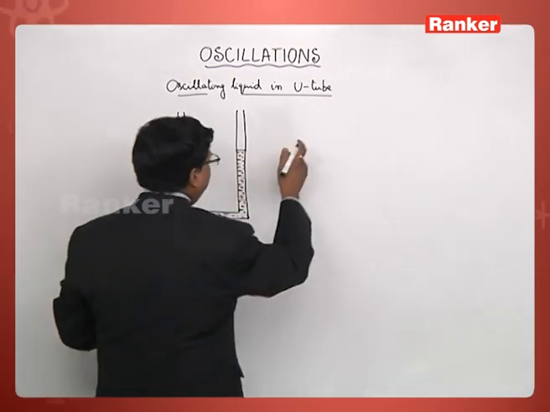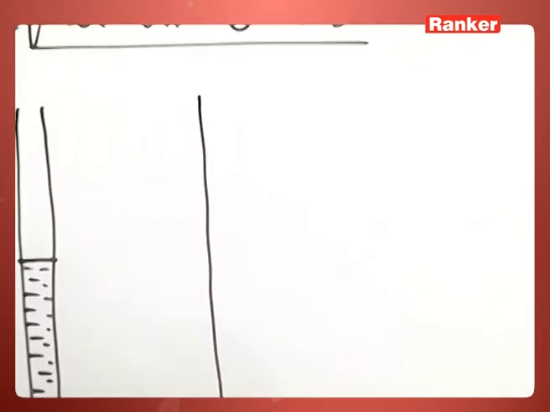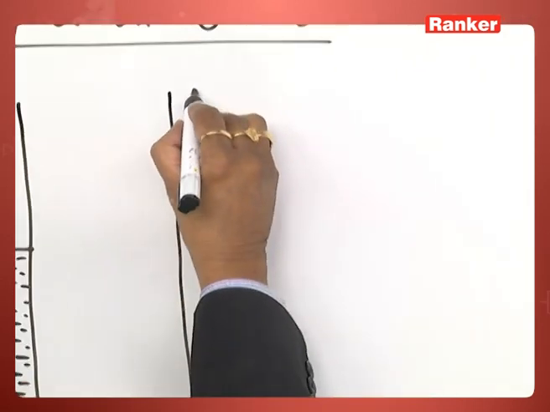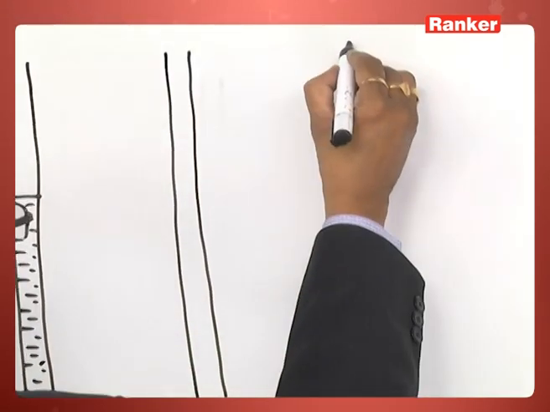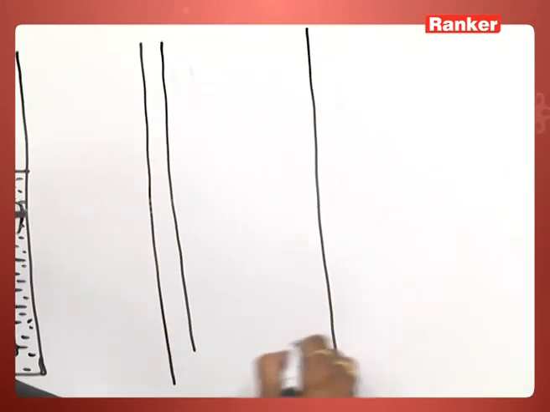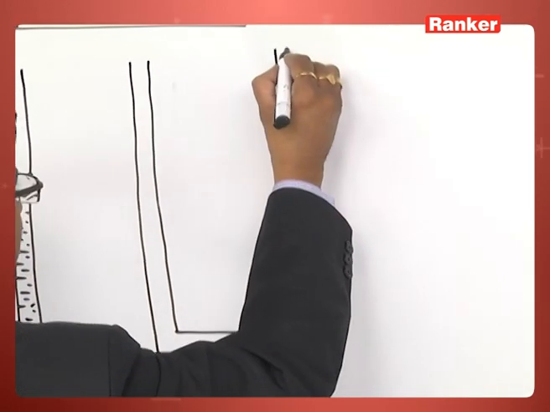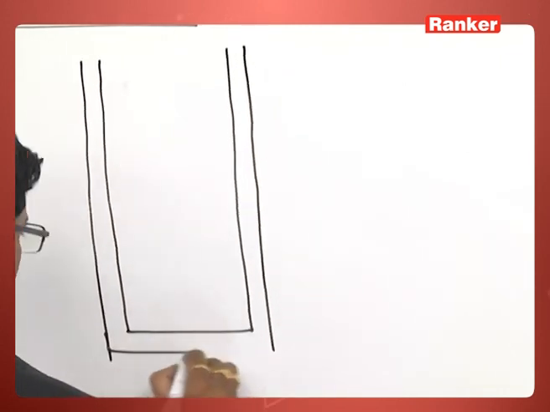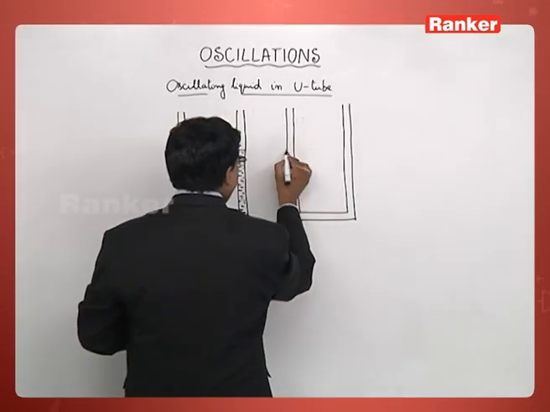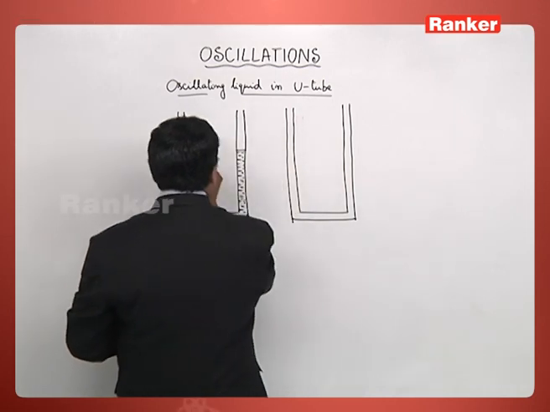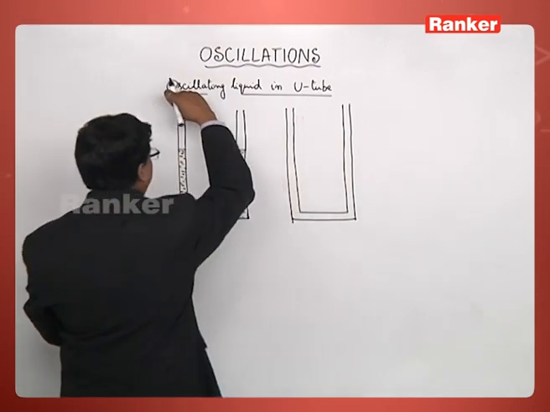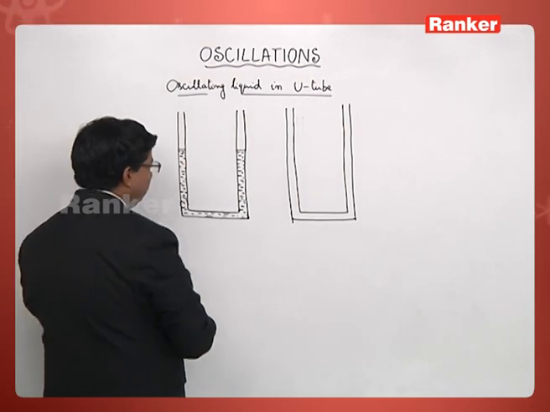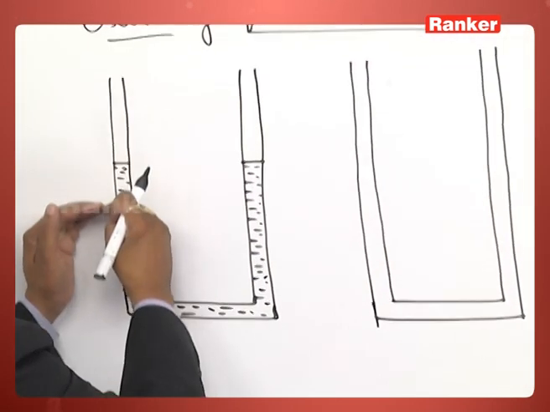But what I have done in this particular case is, I have made the liquid in one of the limbs go down a little from the initial level. That means some air has been blown into it to compress the level of the liquid.